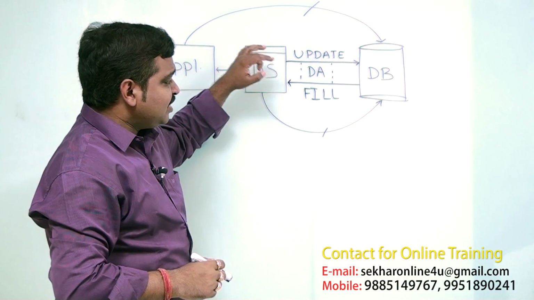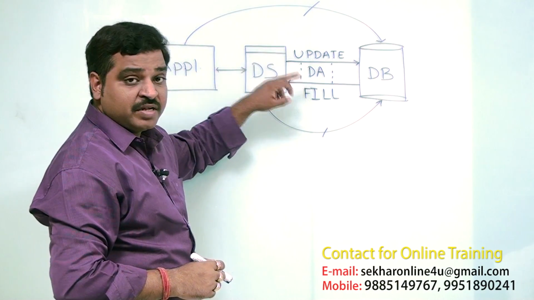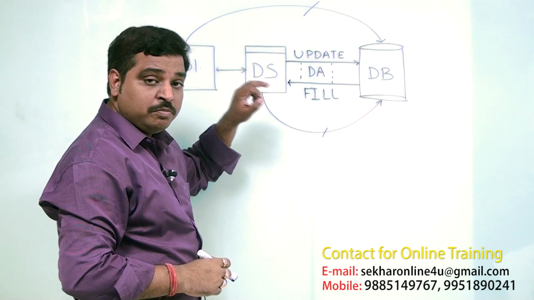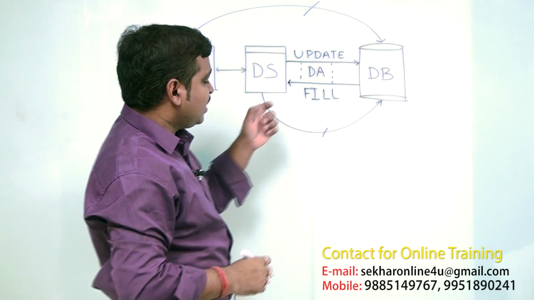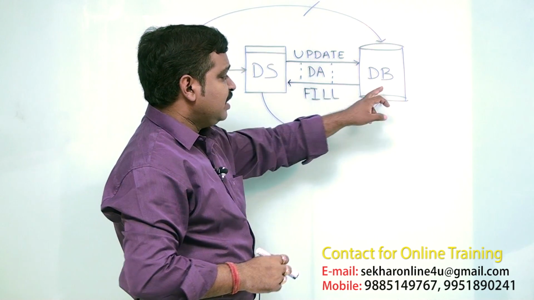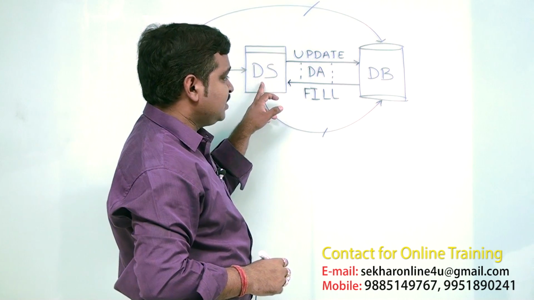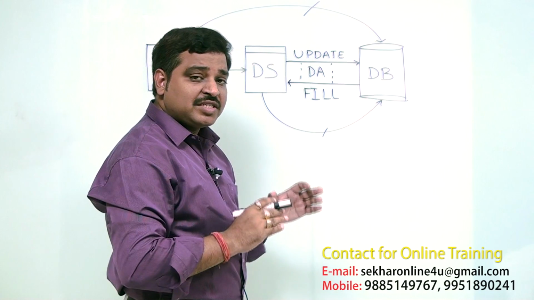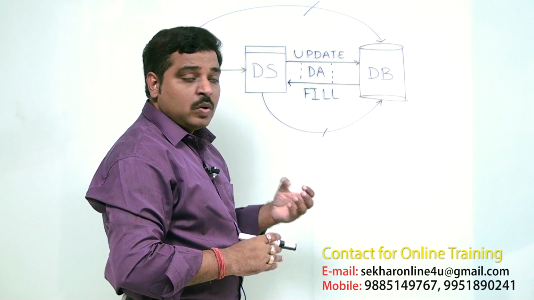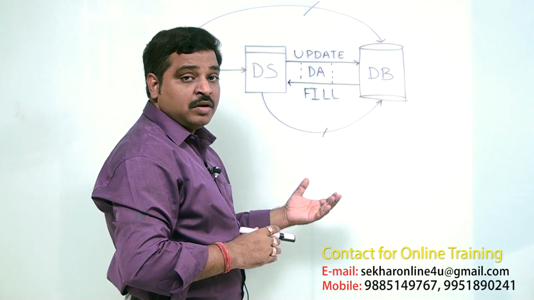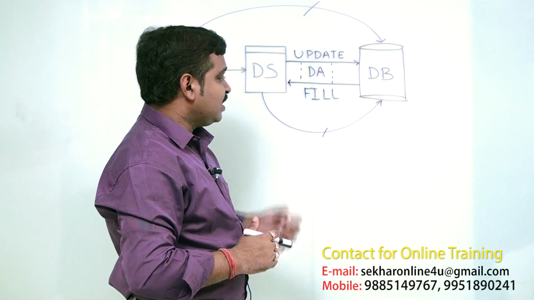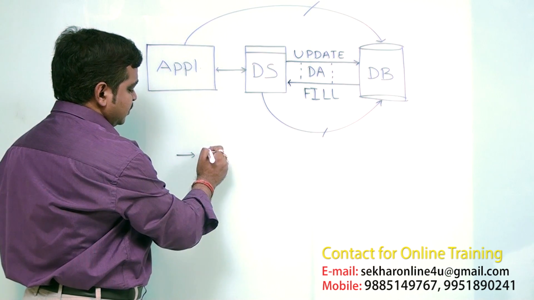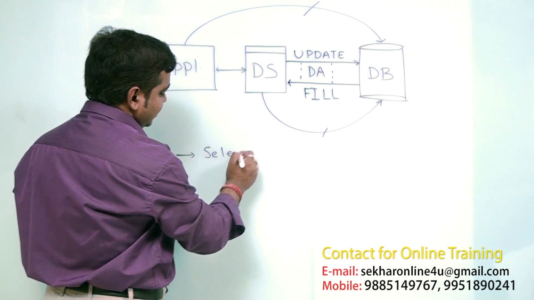So we can just assume that a data adapter is a collection of command objects which acts like a bridge between the database and the data set for transferring the data. Now, let's check what objects are present within the data adapter. We have objects called the select command.